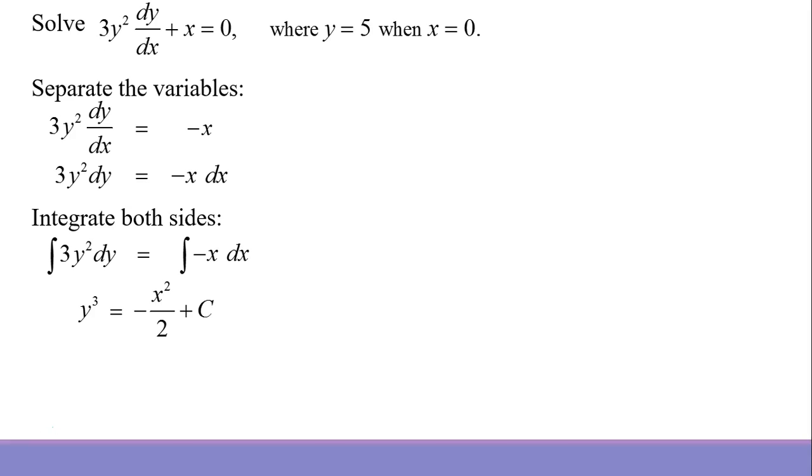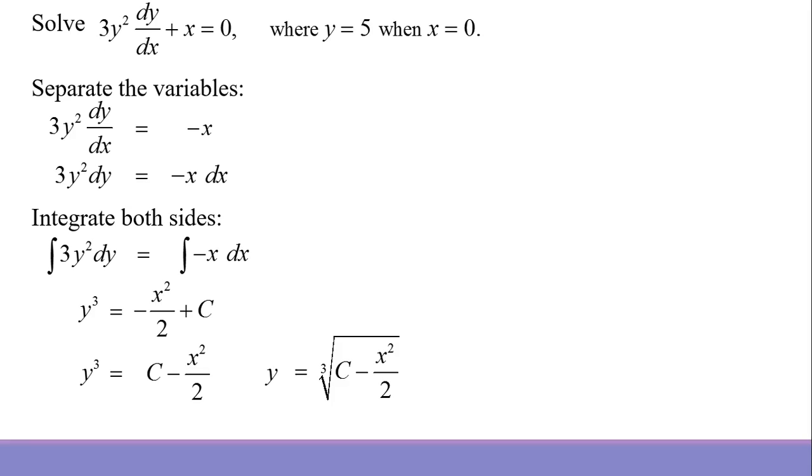Now solving this equation means we would like this to say y equals, not y cubed equals. So what we'll do is take the cube root of both sides of the equation, and we'll have y equals the cube root of c minus x squared over 2.